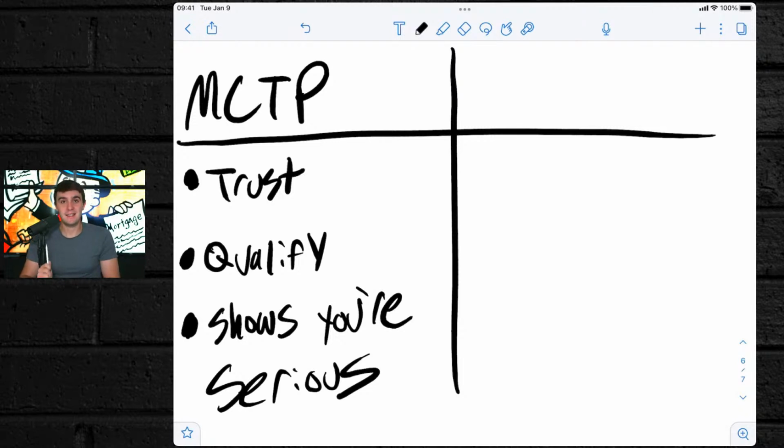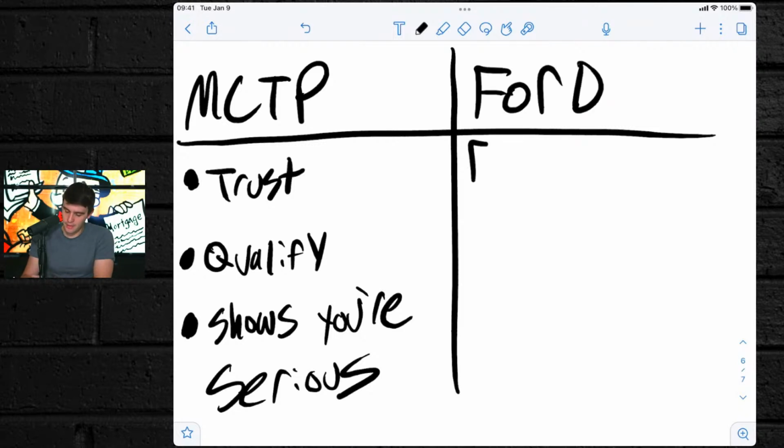Now, still during the conversation and during the appointment, I would implement the FORD method too. And this is one I talk about a lot, but the FORD method is going to be F-O-R-D. When you talk to somebody, maybe on the appointment or maybe during the phone call, this is how you also build rapport. You talk about F, which is for family.